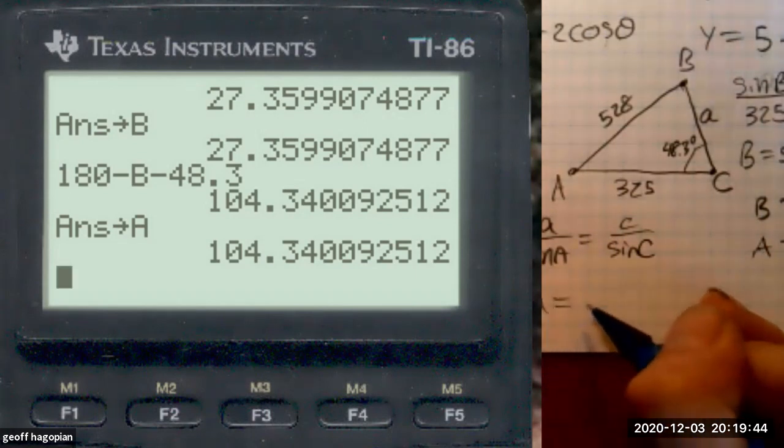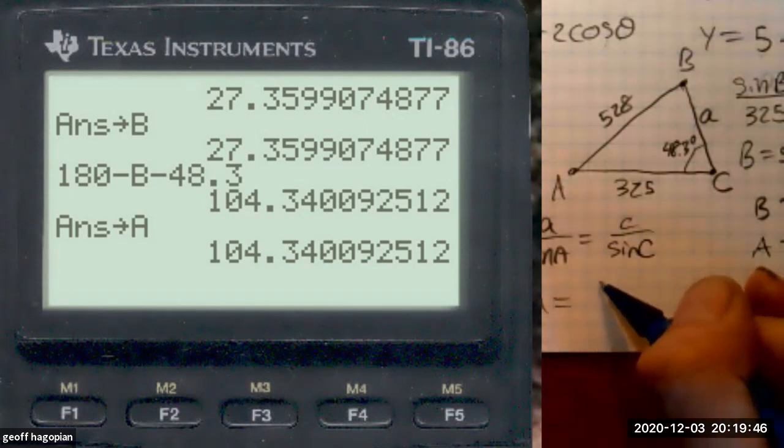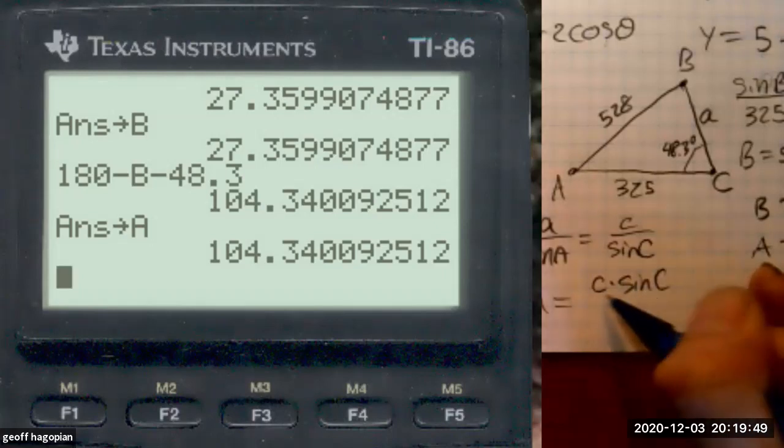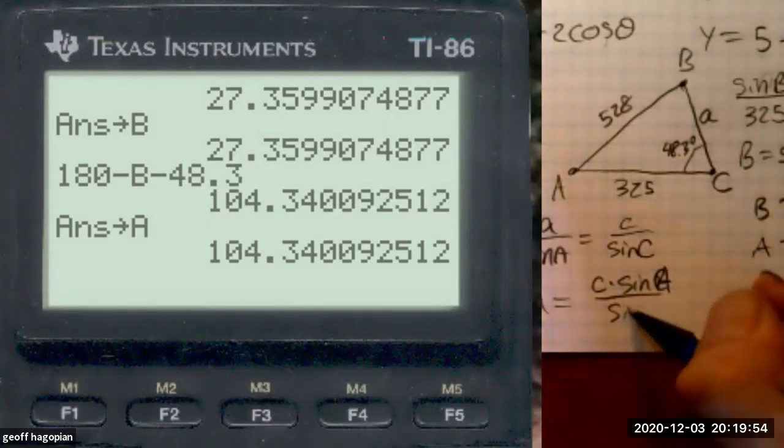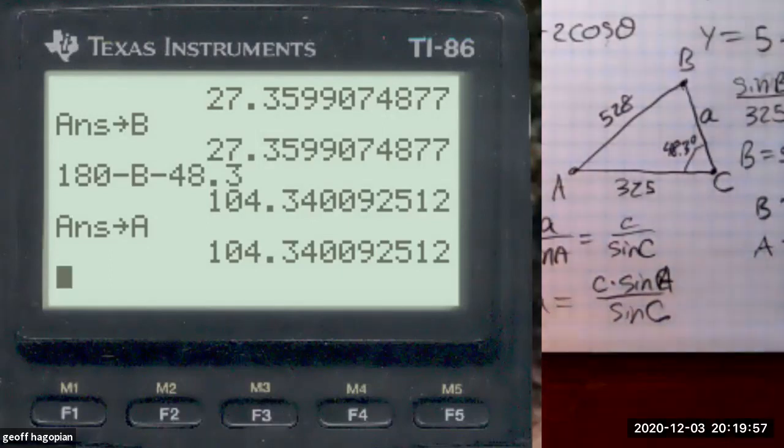And so A is equal to C times sine A over sine C. On the calculator, I'd write C, which is 528, times sine A divided by sine C, which is 48.3.